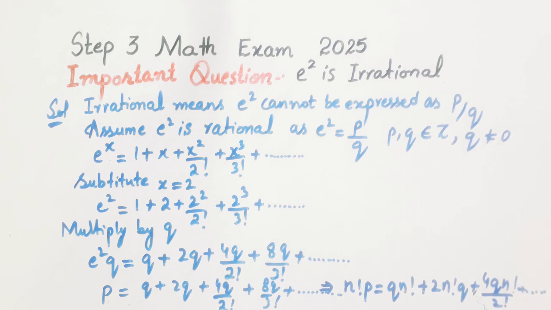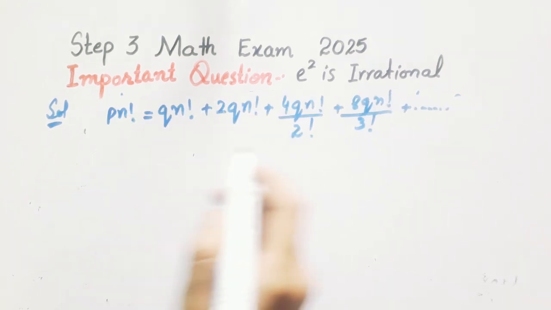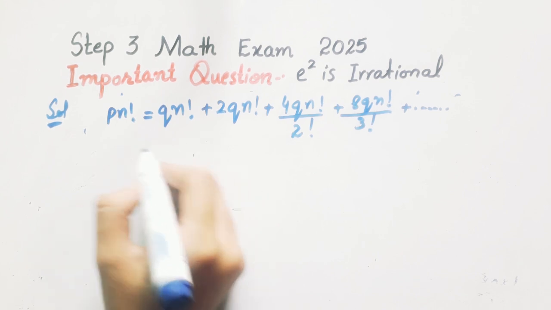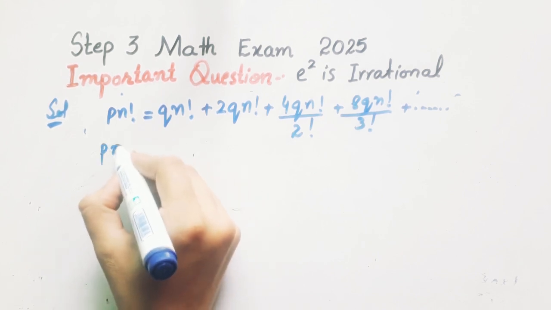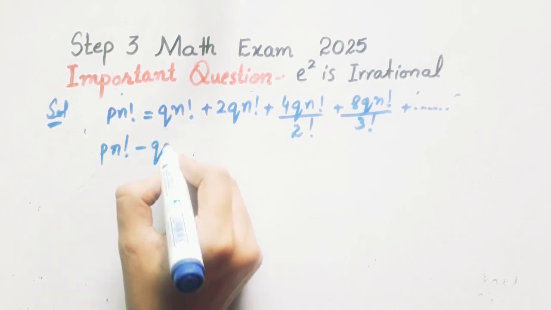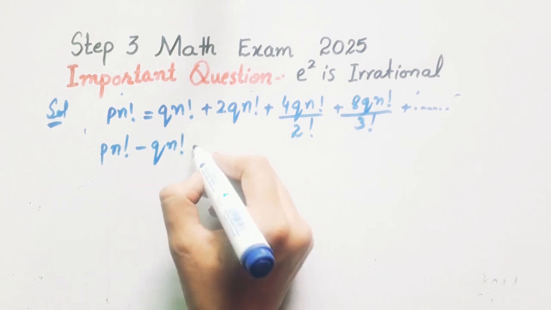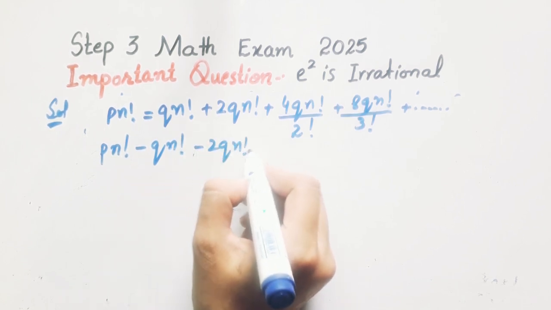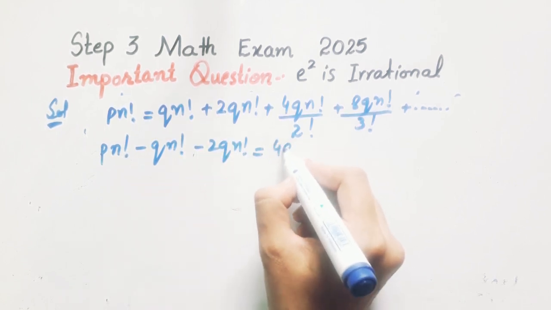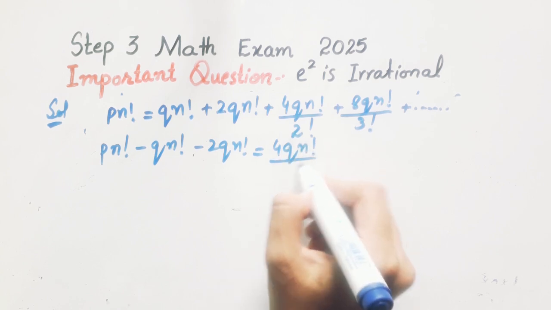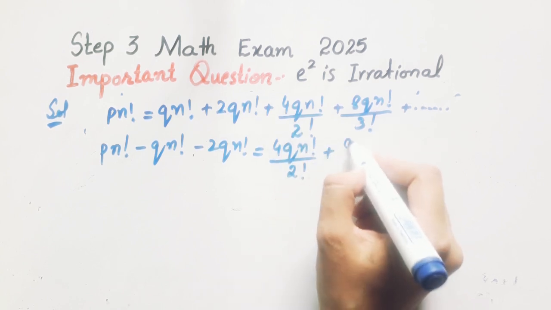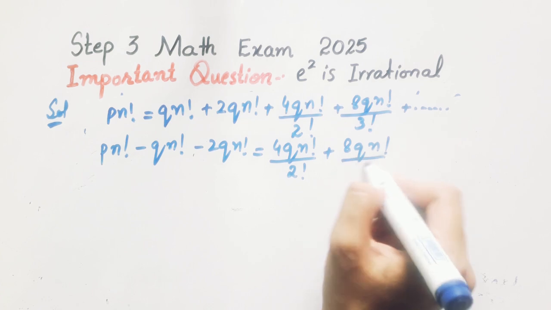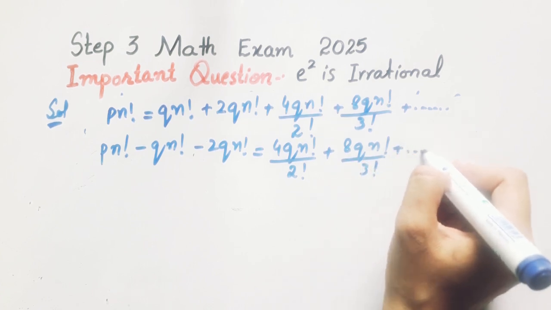We solve this further. Now we will arrange this equation as p n factorial minus q n factorial minus 2q n factorial is equal to 4q n factorial by 2 factorial plus 8q n factorial by 3 factorial.